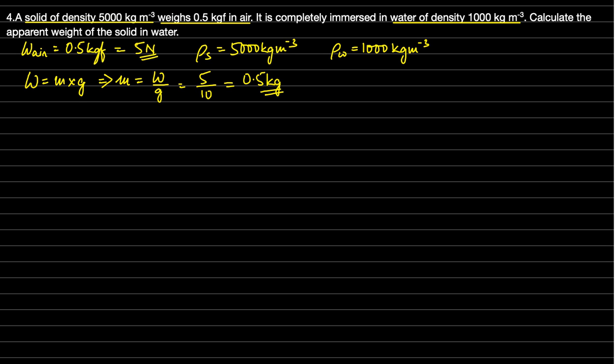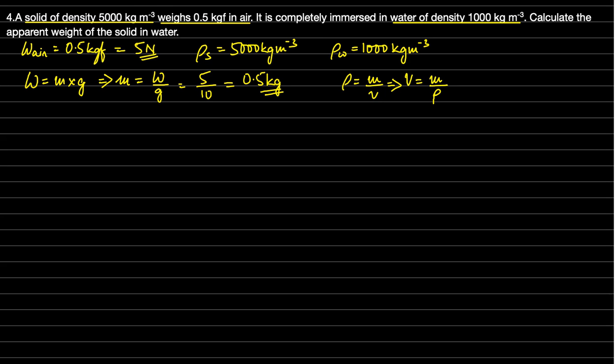Now for finding the volume, as we did in the previous sum, we know density is equal to mass divided by volume. So volume will be equal to mass divided by density.